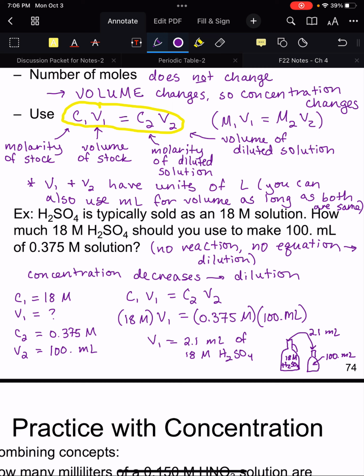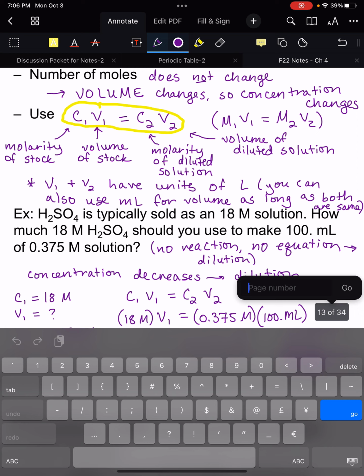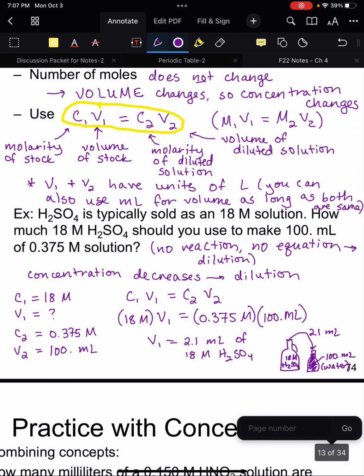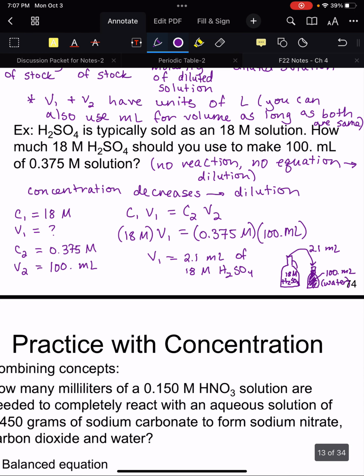Then we fill it with water up to the line that's marked on the flask. By the time we're done making this solution, instead of having 18 molar, the new concentration is going to be 0.375 molar. So basically we diluted it with a bunch of water so that our molarity is now a lot less.